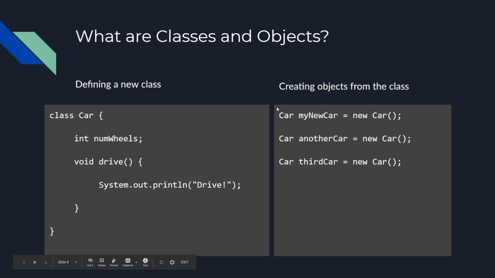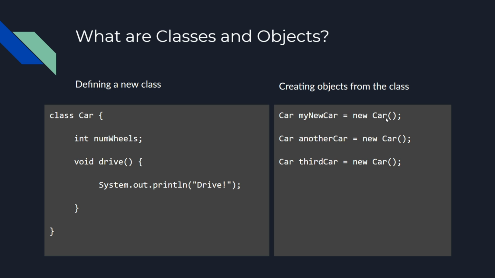And then on the right side, we create objects from that class. So if we look at this first one here, we're creating a new variable called myNewCar, and we're saying that its data type, or the data it can store, is a Car, the Car class, okay? And then we assign it to a car object.